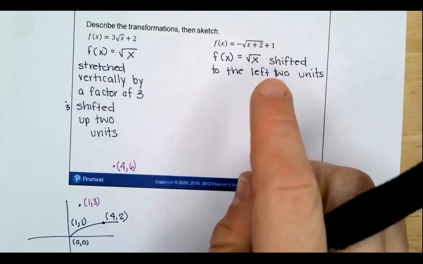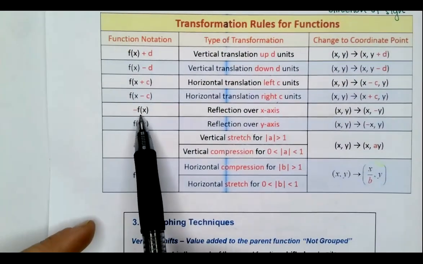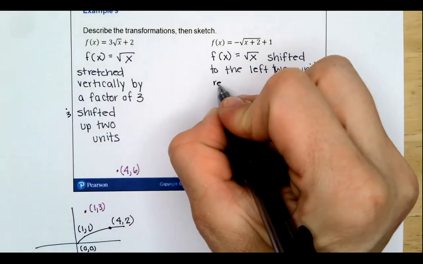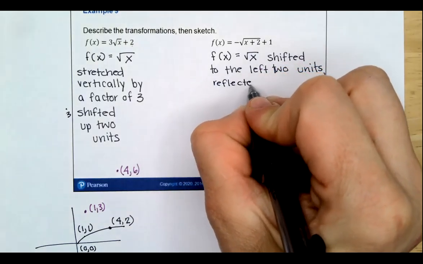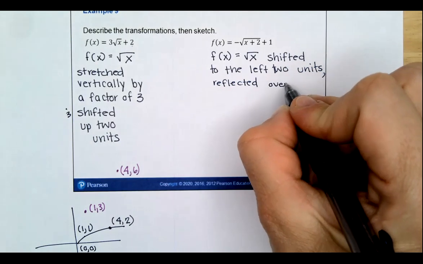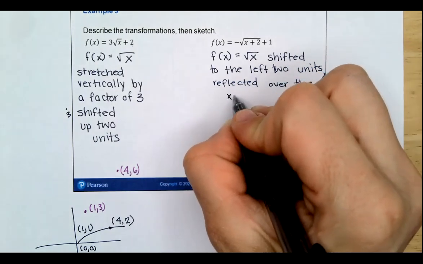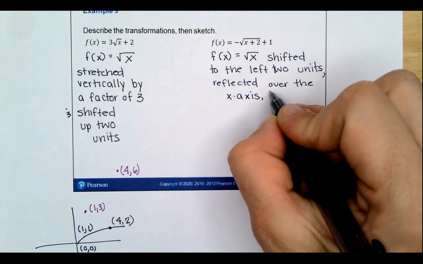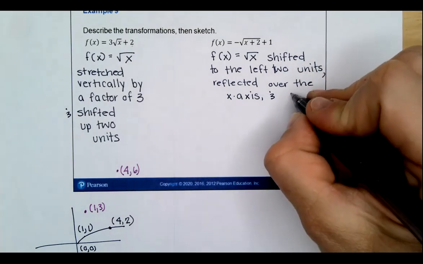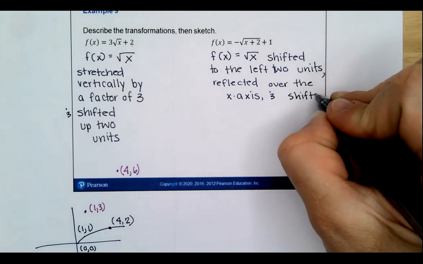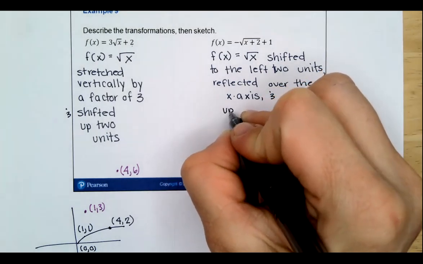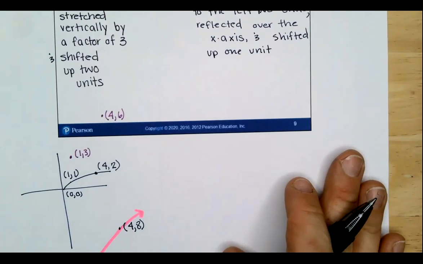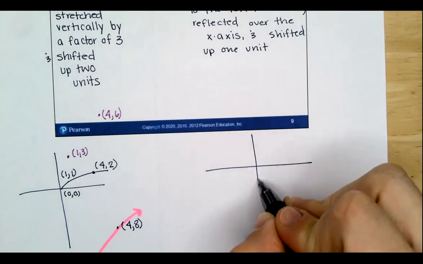What does the negative sign outside the grouping symbols mean? Reflected over the x-axis. And shifted up 1 unit.